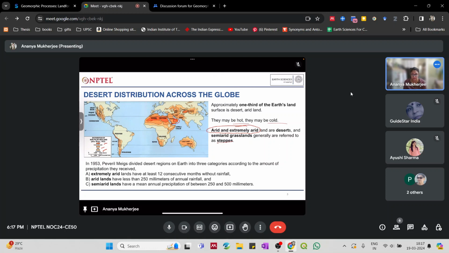Then you have arid lands, like the Thar Desert area, which is a part of India. And then semi-arid land, where the mean annual precipitation is slightly higher than the extremely arid and arid lands. So there we have three categories, and the aridity present in a land is classified according to the amount of precipitation received by the area.